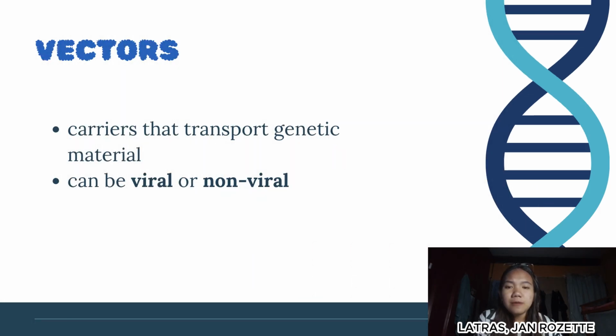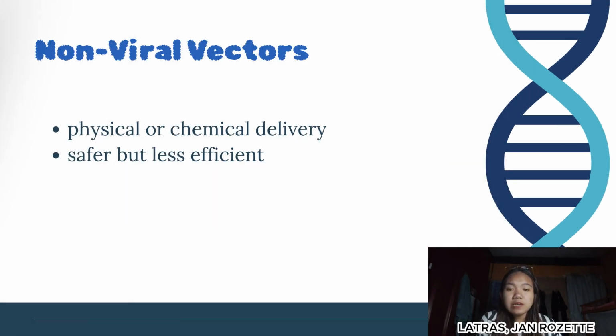So, what are vectors? Vectors are delivery vehicles used to transport therapeutic genes into a cell to treat a disease. They are typically derived from viruses, which are modified by removing disease-causing genes to make them safe. The first type of vector is non-viral vectors. These are synthetic or natural delivery systems that are not derived from viruses.